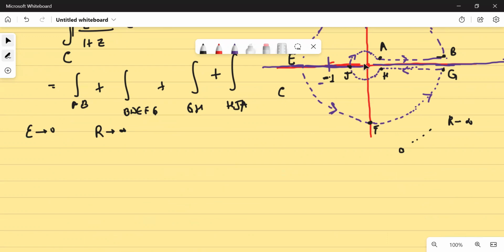Because we have the problem with zero, we don't have problem with other points, so we are making a very small circle around z equal to zero. और क्योंकि z equal to zero पे ब्रांच पॉइंट है, so I have made a branch cut. So ये ब्रांच कट मैंने बनाया along the positive x axis, because मैं एंगल यूज कर रहा हूँ from zero to pi. Okay, so I'm on my principal branch right now. Is that clear?